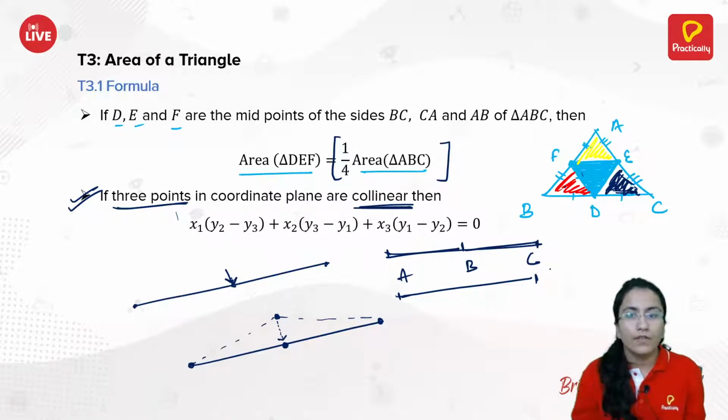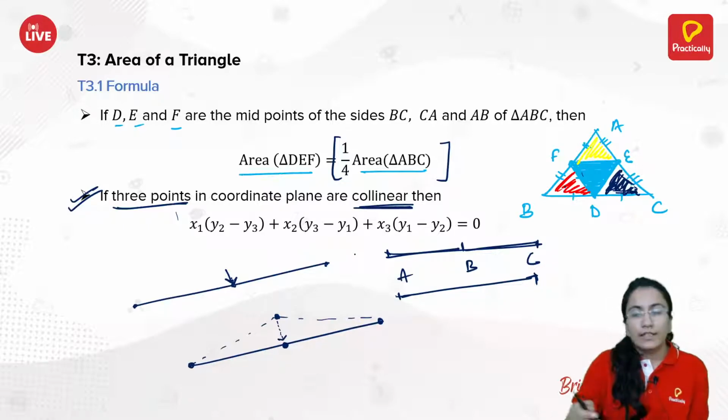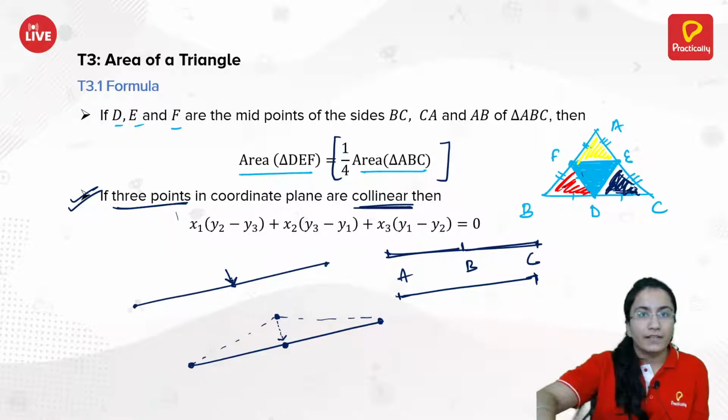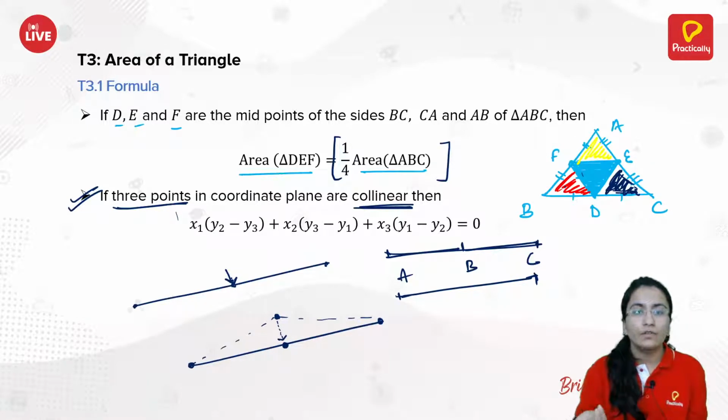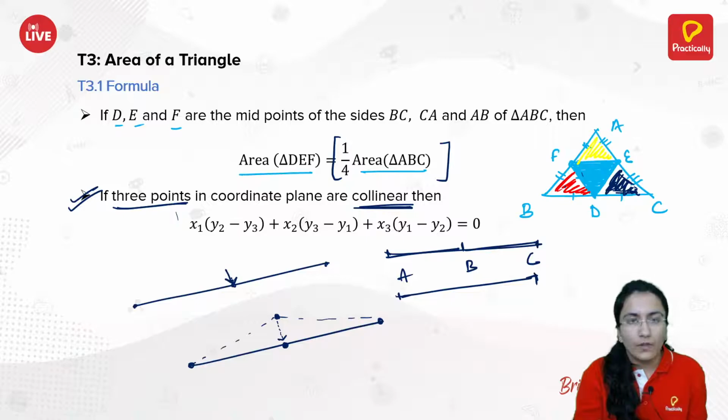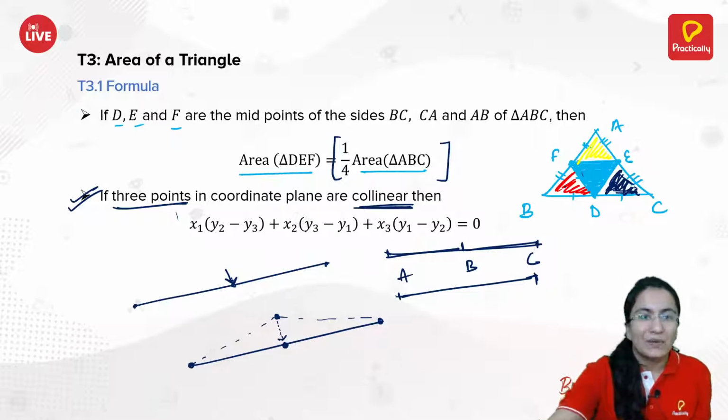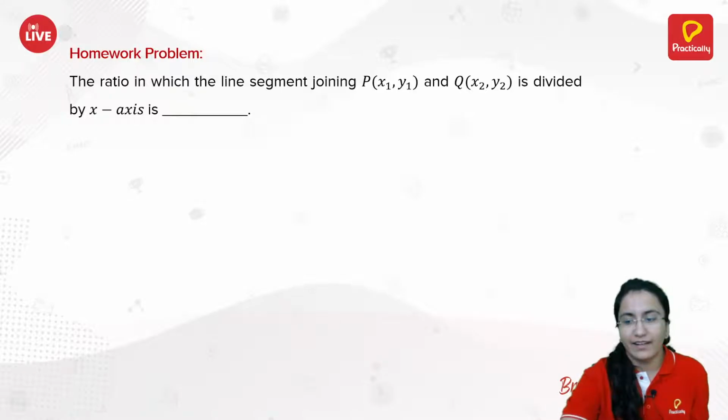This was the first way, using the distance formula to prove collinearity. But if you can't find the distances thrice, what you can do is just use the formula for area, and if the area comes out to be 0, that means the points are collinear.